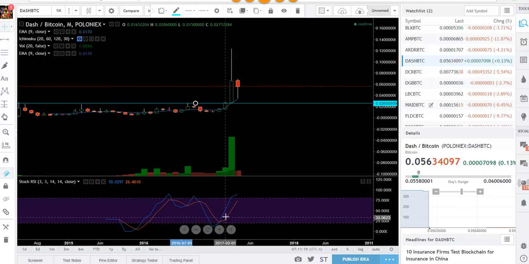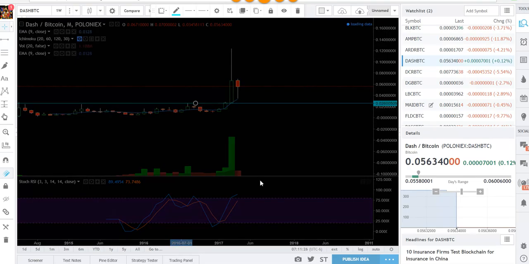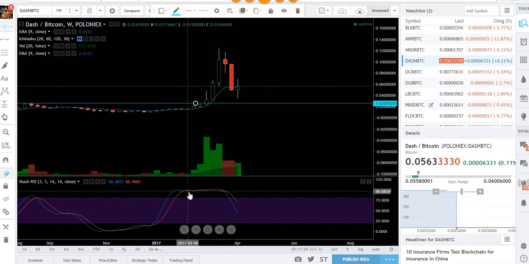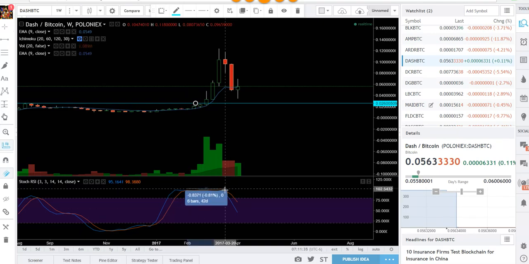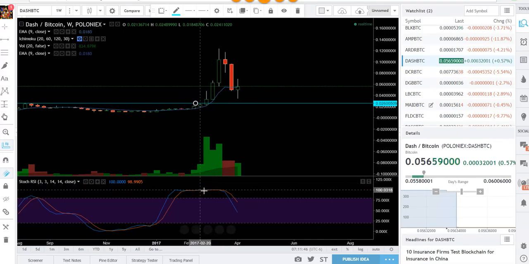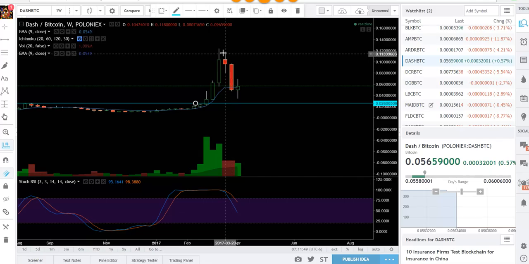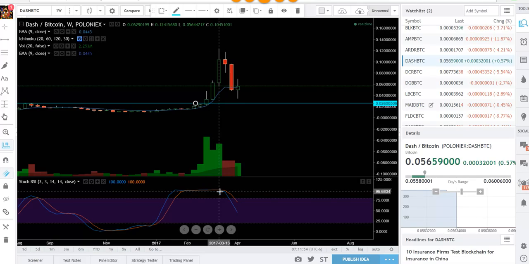Because the monthly was really just starting to grow, and while that monthly was growing, the weekly up here was pinned for weeks. We spent basically from when we got up here to where we fell almost 2 months. For almost 2 months, the weekly stayed pinned up here at maximum strength until it finally reached almost all of its Fibonacci extension targets, and then boom, we got a weekly crossover.